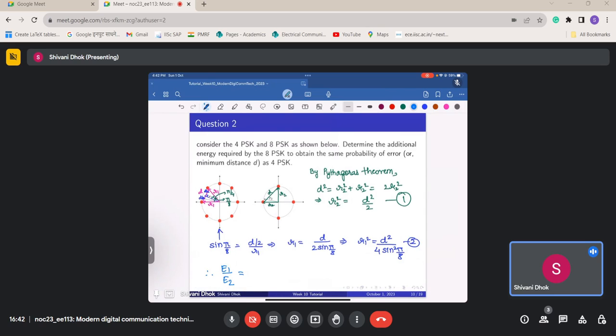So that is equal to D square upon 4 sine square pi by 8 upon D square by 2, which comes out to be 2 upon 4 sine square pi by 8, which is equal to 1 by 2 sine square pi by 8. So this is what we are having here.